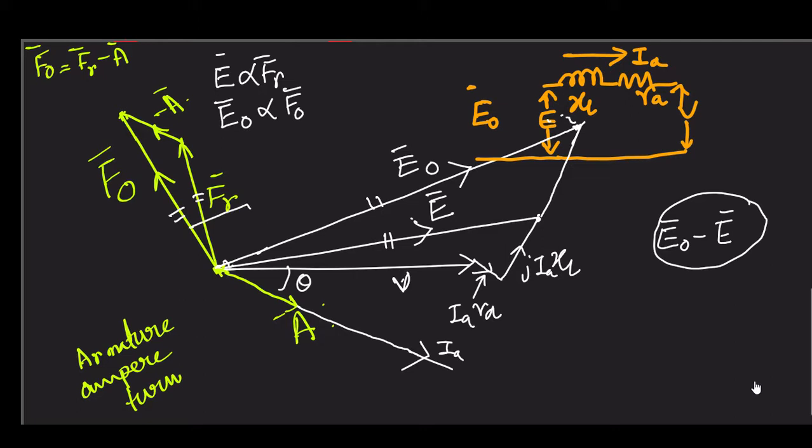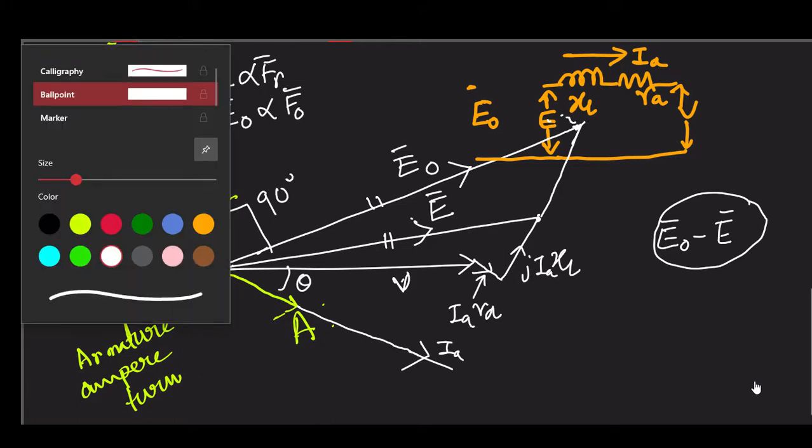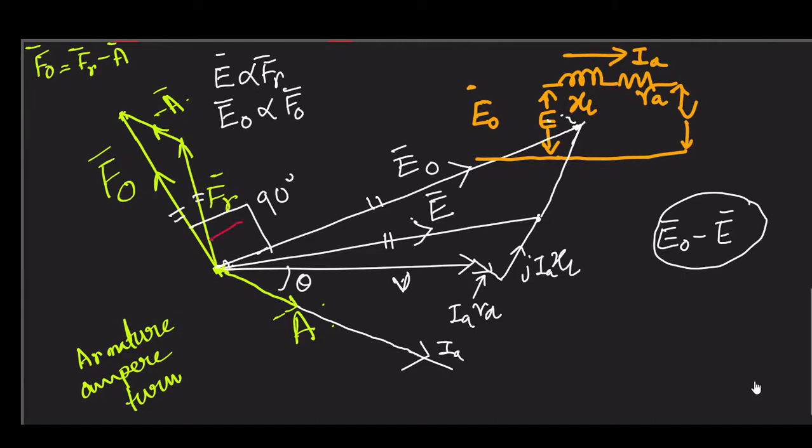Now this angle, the angle between E naught and F naught, is 90 degrees, and this one, like Fr and E, is also 90 degrees.